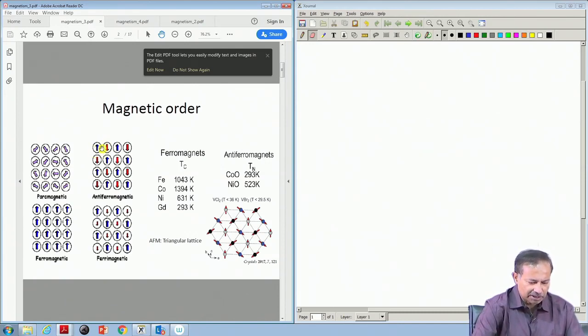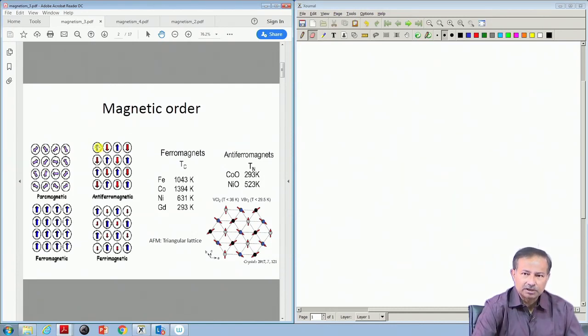Nevertheless, the moments are aligned opposite to each other, and on a square lattice, and even on a cubic lattice, you will find that all moments in an antiferromagnet in one direction have their neighbors with moments in the opposite direction. So, these kinds of lattices are called bipartite. They can be partitioned into two different lattices.